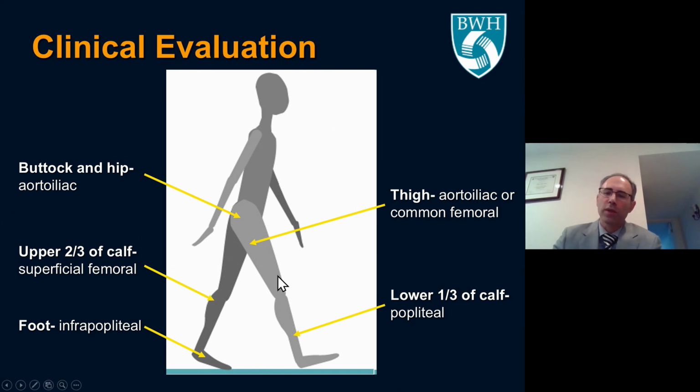Those with thigh symptoms can have aortoiliac disease or sometimes disease in the common femoral artery. Patients that are complaining of calf claudication, that's usually a sign of superficial femoral artery disease. The lower 1/3 of the calf usually means the patient has popliteal or infrapopliteal disease. And then foot claudication, which we don't see that commonly, is usually a sign of infrapopliteal disease.